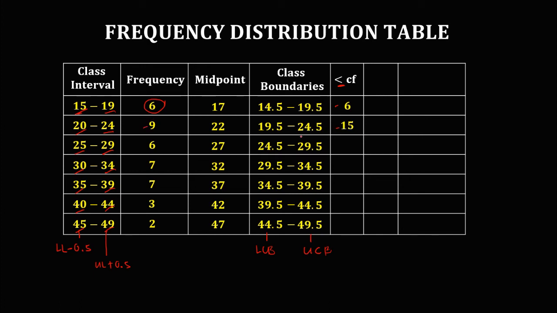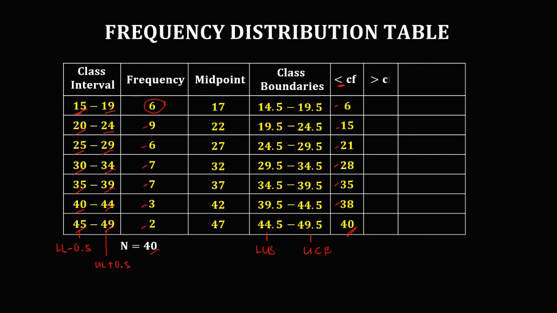Then 15 plus 6 is 21. 21 plus 7 is 28. Then 28 plus 7 is 35. And 35 plus 3 is 38. And 38 plus 2 is 40. So the last number should equal the total frequency, 40.